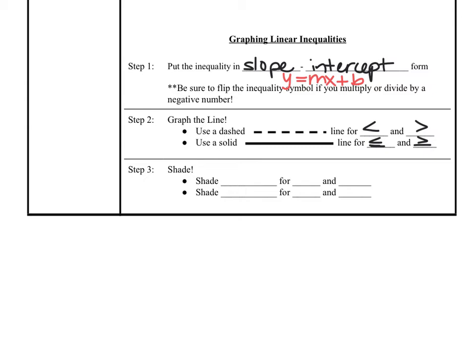This also has shading, just like when we did inequalities first semester, you drew an arrow. This time you shade. You will shade above if it is greater than or greater than or equal to. You will shade below if it is less than or less than or equal to.